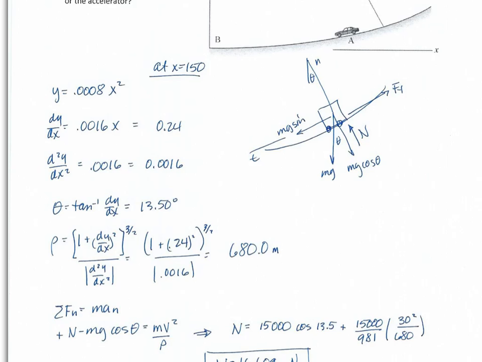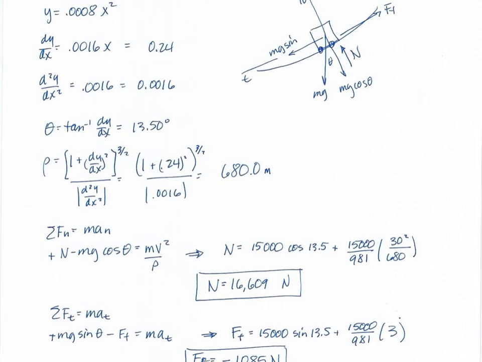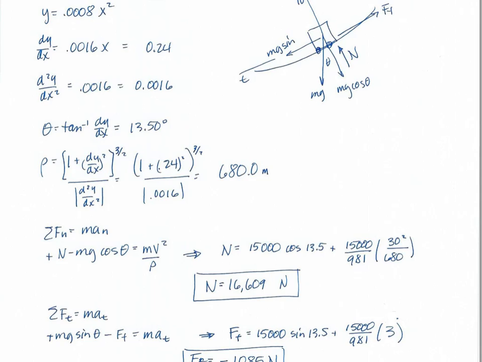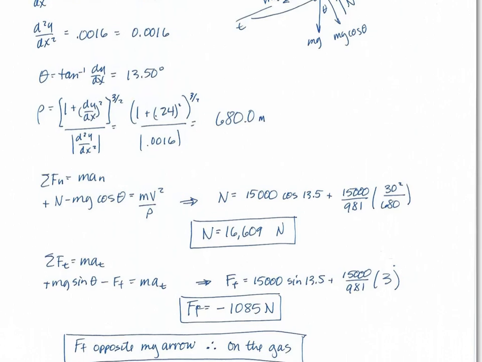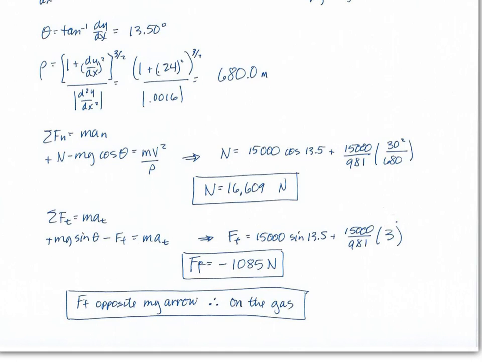We had a different rho of 680. We had a slightly different normal force, setting it up again exactly the same way. Slightly different force of friction, but again it was negative, and that meant that the conclusion about being on the brake or on the gas was the same.